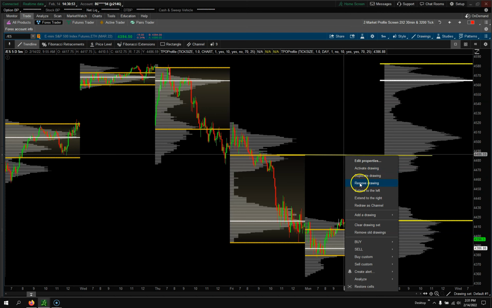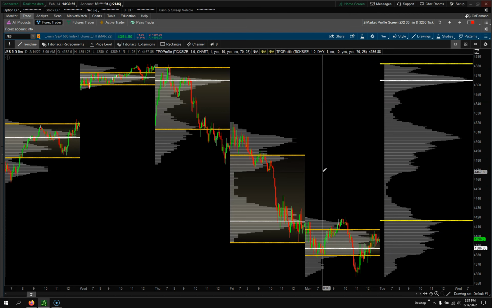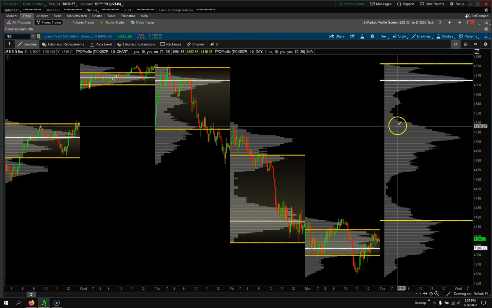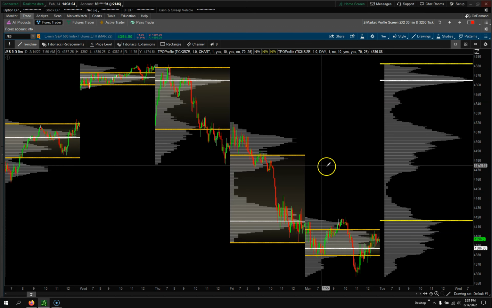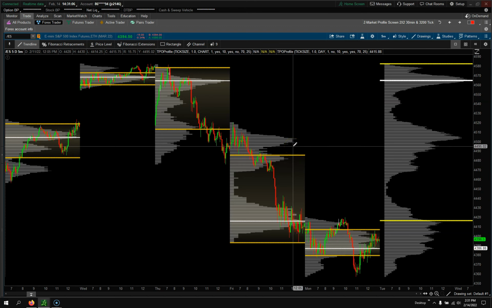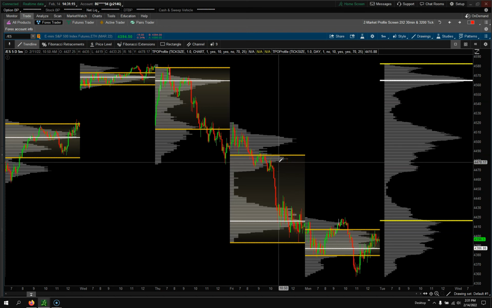The reason I say that is because it's so hard to make price do so much and stop on the dime and make such perfect patterns when you have everybody doing something randomly. Right? How does it come out so perfect? So you've got to think who's really running the show.